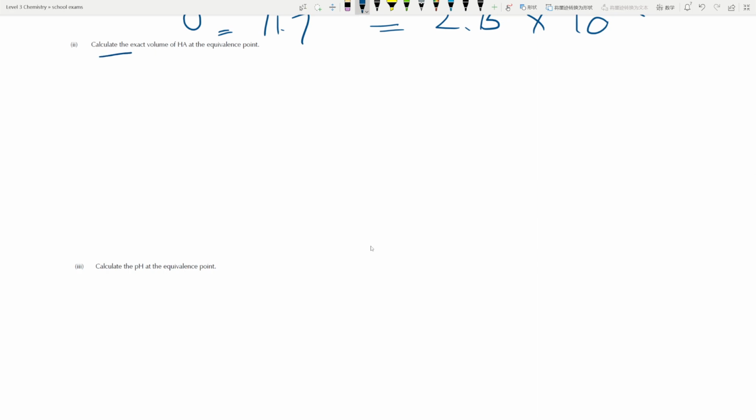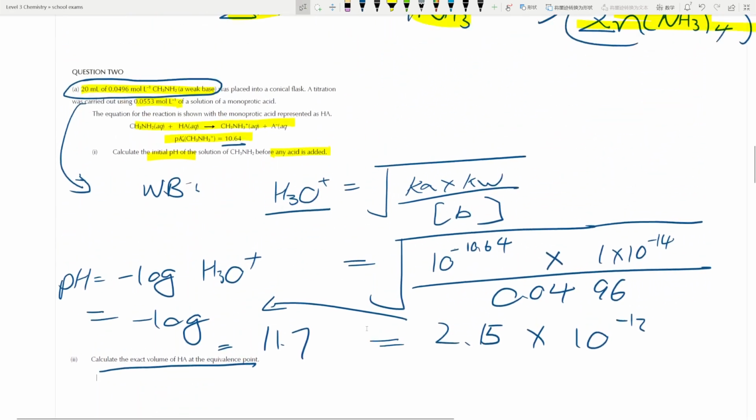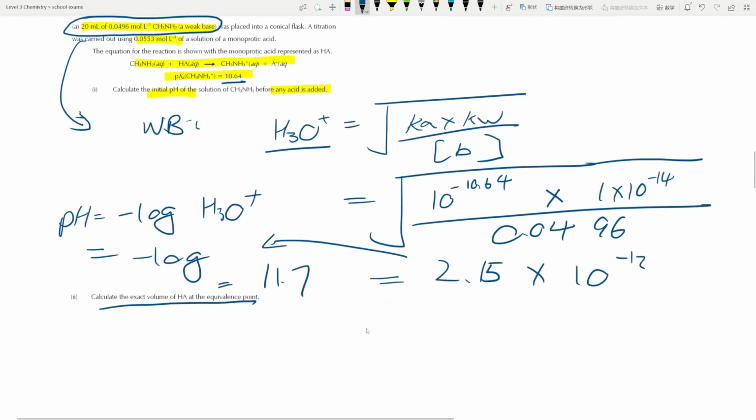Now calculate the exact volume of HA at equivalence point. This is again very simple. Let's just write the equation down: CH3NH2 plus HA goes to CH3NH3 plus A minus.